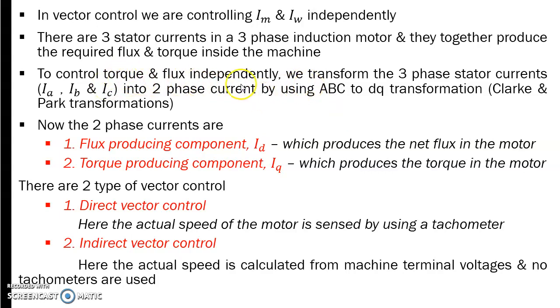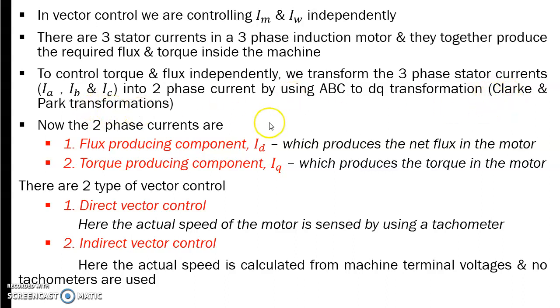To control torque and flux independently, we transform the three-phase stator current into two-phase current using the ABC to DQ transformation. This involves two different transformations, Clark and Park.